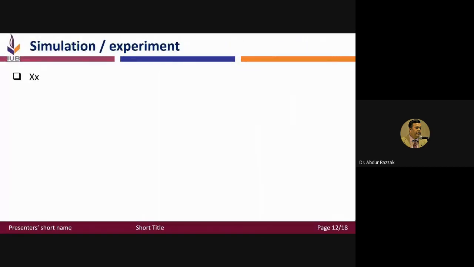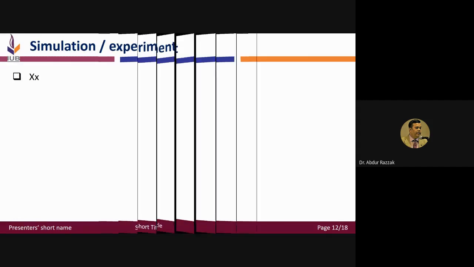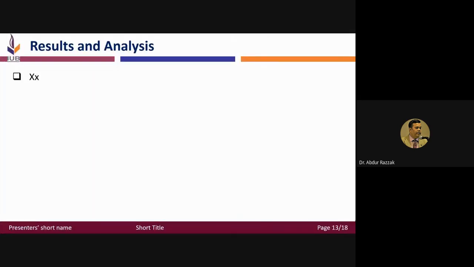And in the second term also the simulation or the experiment, whichever is applicable for your project, will come into account here. So put that, and then the result and analysis. If it is simulation, then the result and analysis of your simulation. If it is experimental or you already have the prototype ready, then you can put it here.